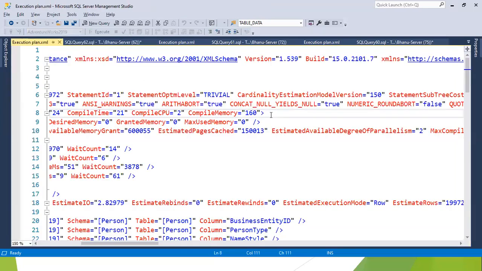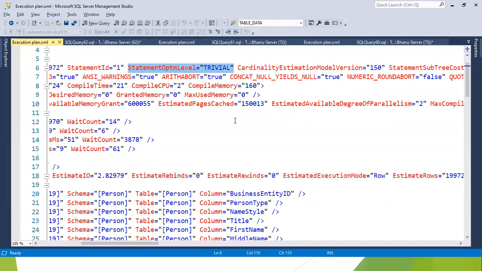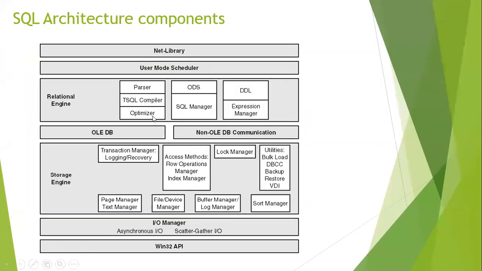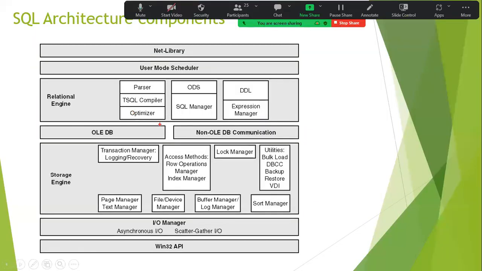So that is what trivial is. Trivial is a simple statement for which the SQL Server optimizer doesn't even consider further optimization to generate a plan. It just picks that plan and proceeds with it. For the optimizer to generate or create a plan requires some amount of time.